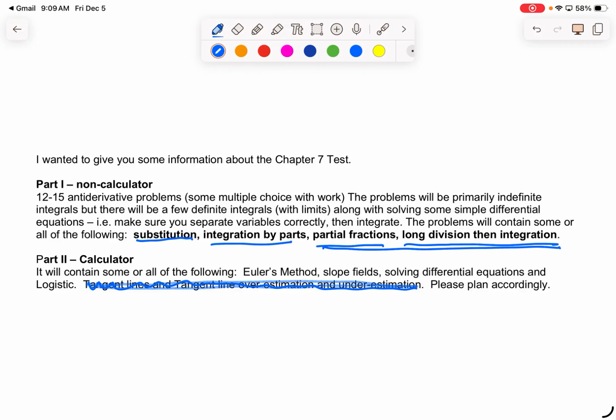K times P. Well, you could also do dy over dt, because I didn't specify a variable, and that would equal K times y. All right, I want you to go figure out what your 2 points are.